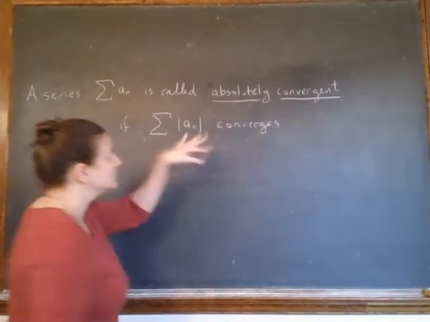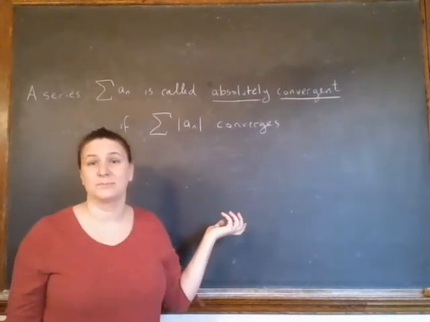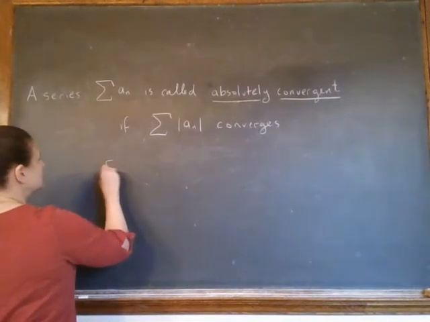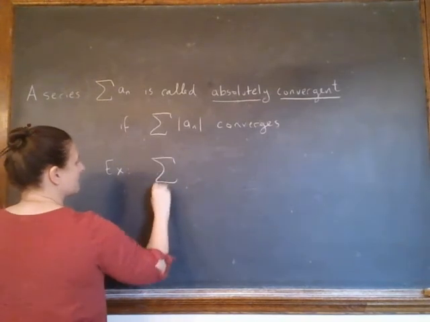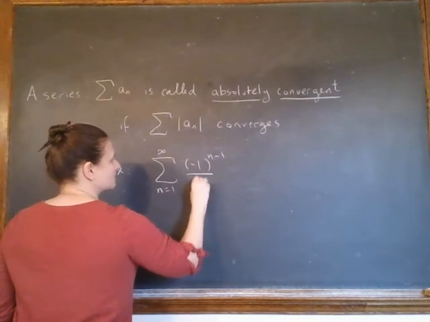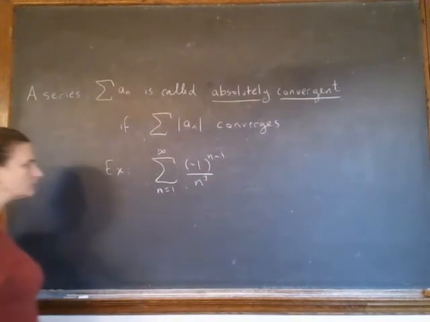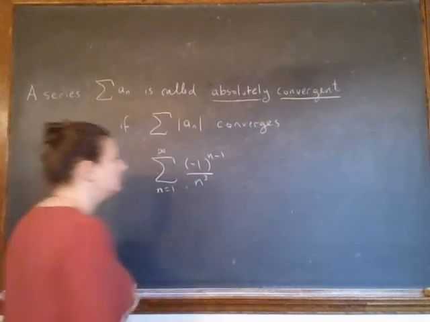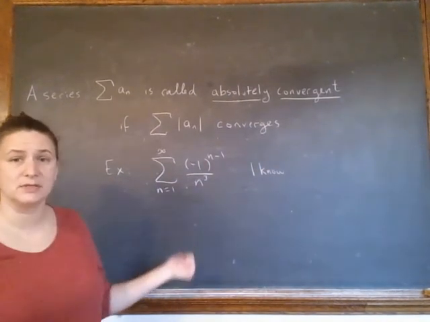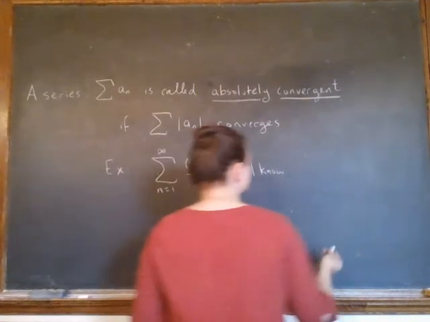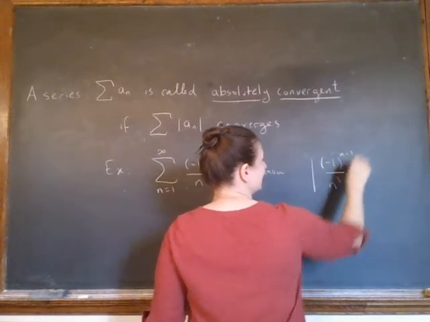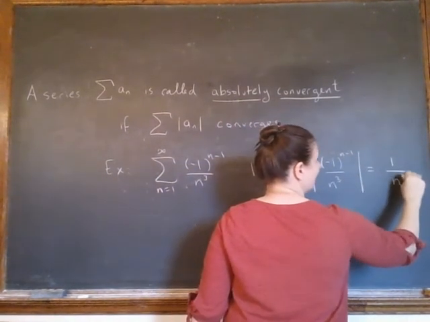A series is called absolutely convergent if it converges in absolute value. Well, that kind of makes sense, right? Meaning, if I have something like this, say with n cubed, I can of course use the alternating series test to show that this converges, but I know something even more, because the absolute value of the terms is just 1 over n cubed.